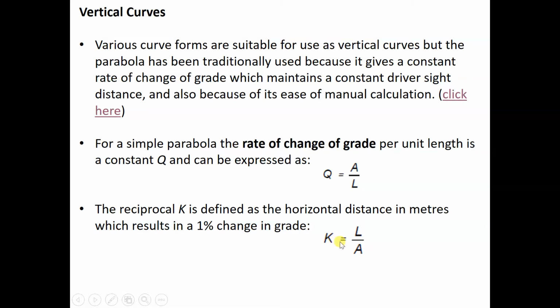Your grade is either convex or concave, so there's a change of grade. For a 1% change, what's the length being traveled? It could be like 10 meters for 1% change. So that means 10 divided by 1, so your K becomes 10, for A as a 1% change. Okay.